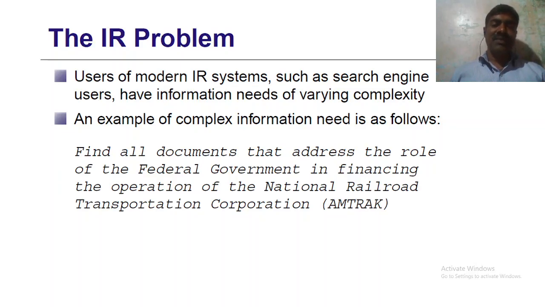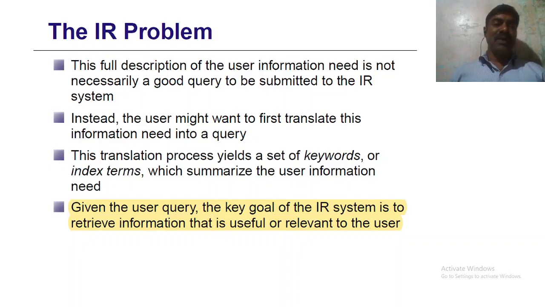An example of a complex information need is as follows: find all the documents that address the role of the federal government in financing the operation of the National Railroad Transportation Corporation, AMTRAK. The full description of this user information need is not necessarily a good query to be submitted to the IR system. Instead, we translate this information need into a query.